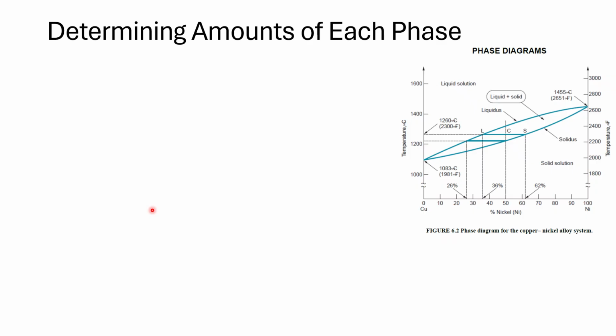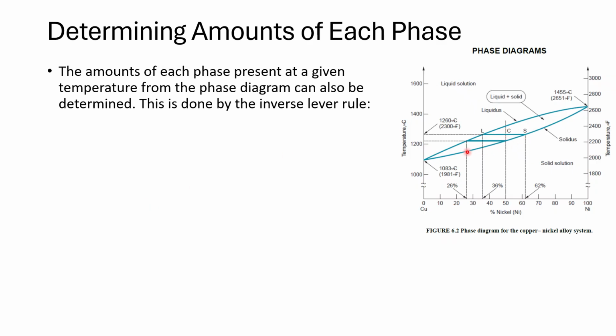We can also use the phase diagram to determine the amounts of each phase, and this can be done by using the graphical method. We're required to find the value for the distance of the LC and the CS. So the amount of each phase present at the given temperature from the phase diagram can be determined by the inverse lever rule.